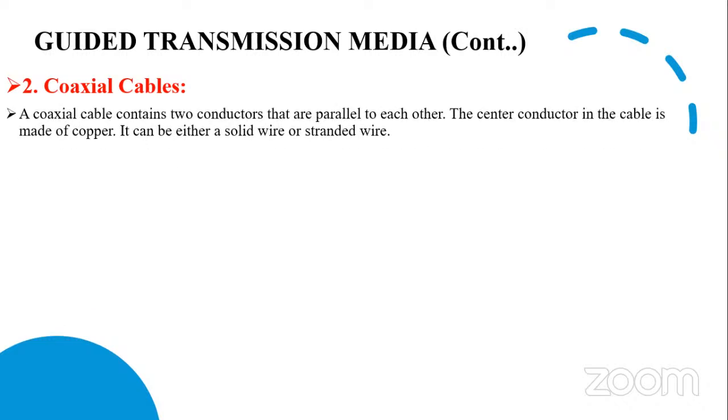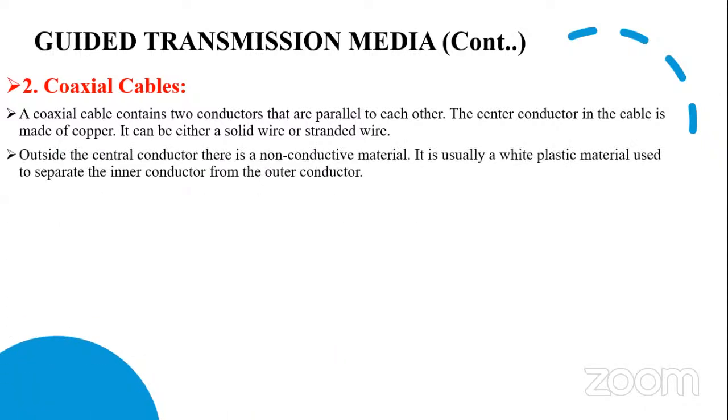A coaxial cable contains two conductors that are parallel to each other. The center conductor in the cable is made of copper. It can be either a solid wire or a standard wire.